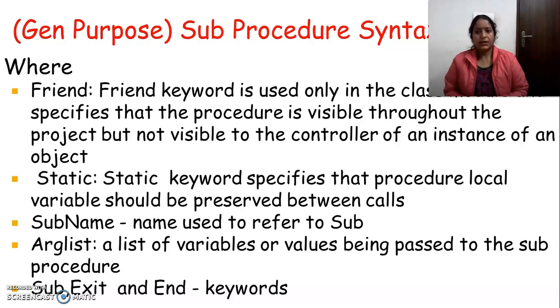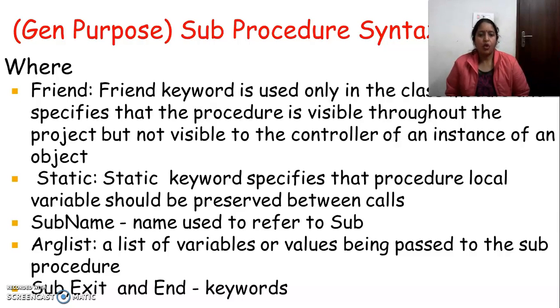The last visibility mode is static. The static keyword specifies that the procedure's local variables should be preserved between calls. As we all know, a procedure can be called multiple times, and between the first call and the second call, the value of the variable is lost.